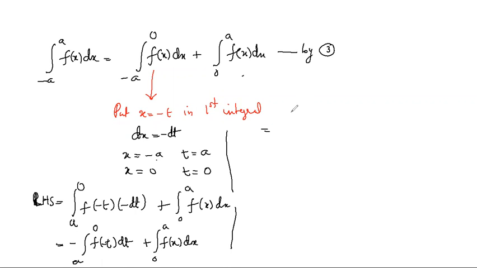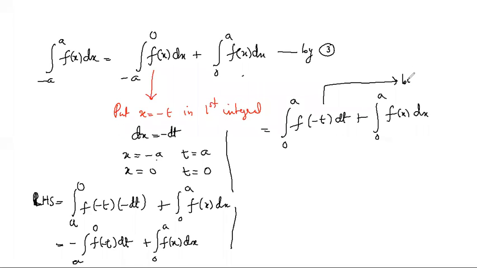You can write this as 0 to a f of minus t dt plus 0 to a f of x dx. This is by property number 1. Now the variable can be denoted by any letter. So I can write 0 to a f of minus x dx plus 0 to a f of x dx.